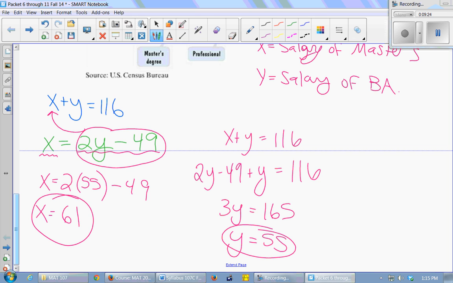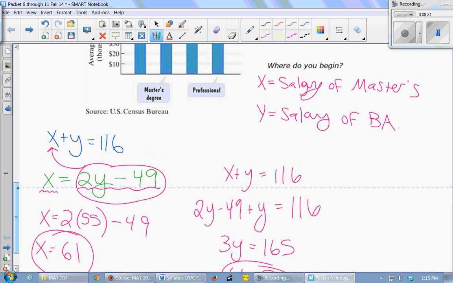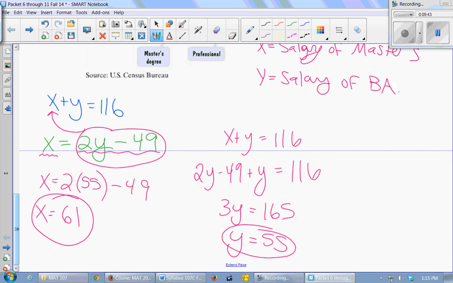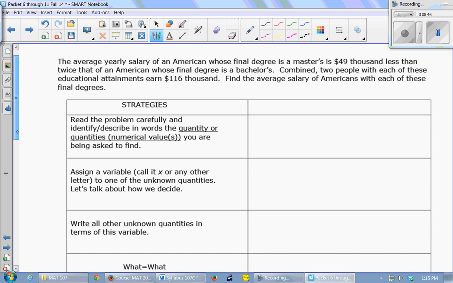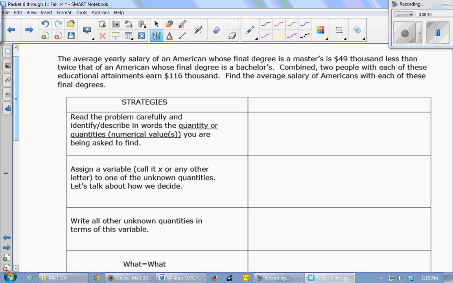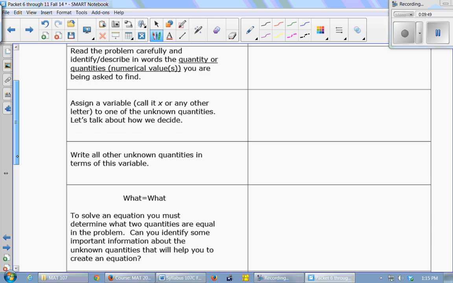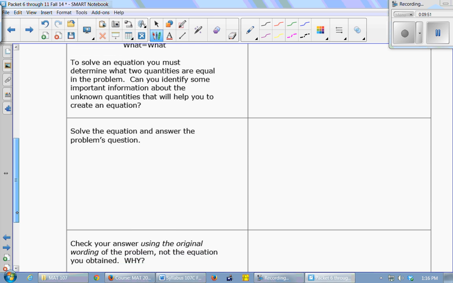If you can write the relationship between x and y, like if you can define it this way, you could have said y is the salary of a BA, 2y minus 49 is the salary of a master's, without having to use a second variable. Totally fine. Yeah. Okay. Oh, I did all of this not in the grid. Sorry.